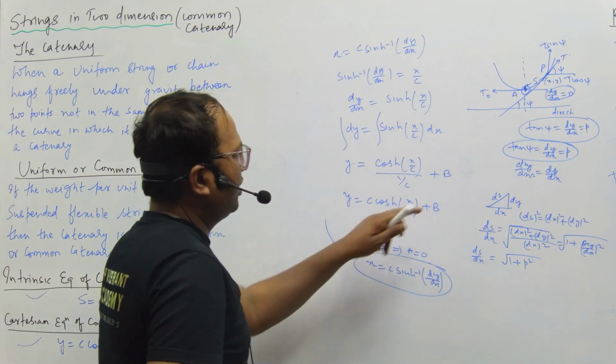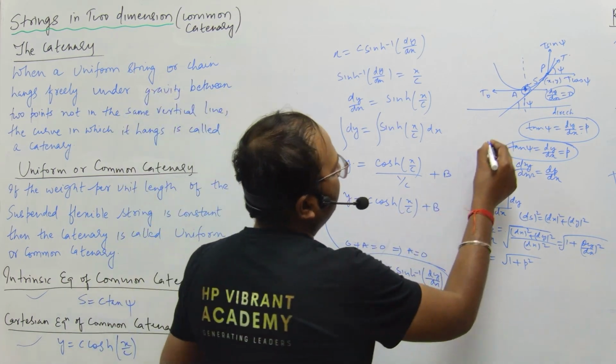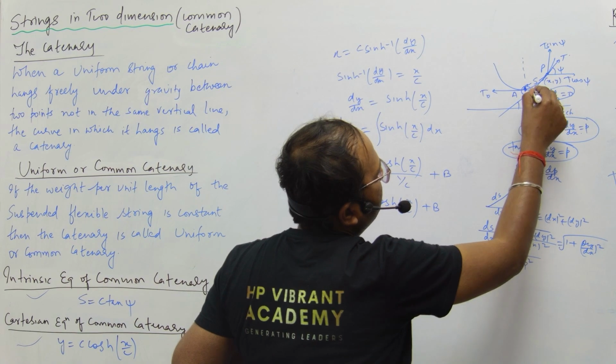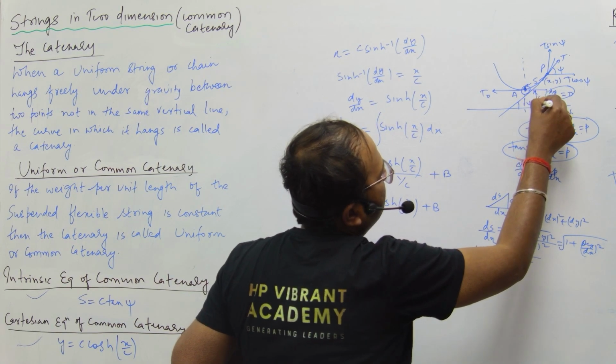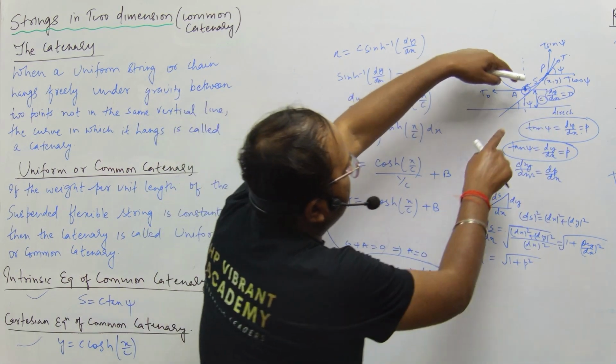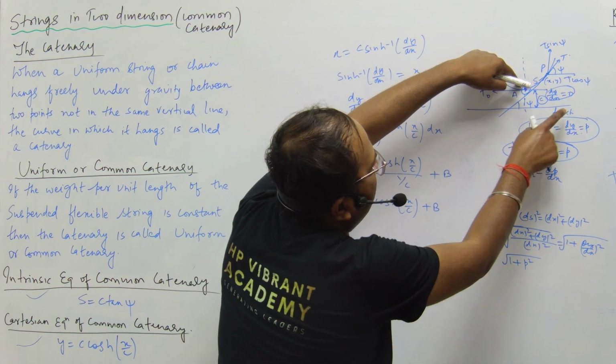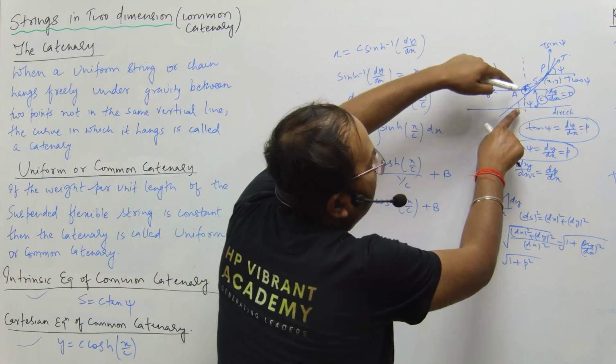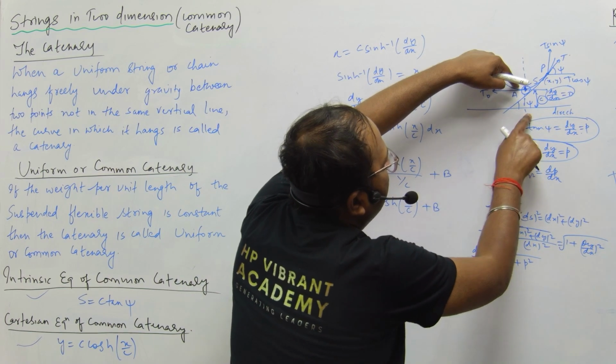Now when x is equal to 0, the value of y will be this particular distance, and this distance is small c. The distance of this point A from the directrix is c.